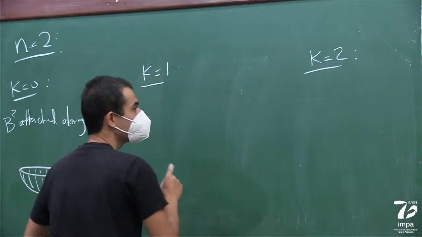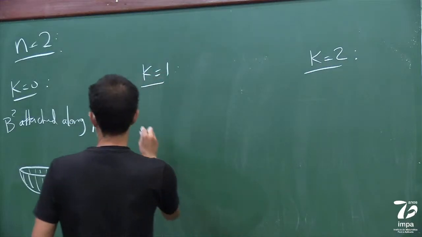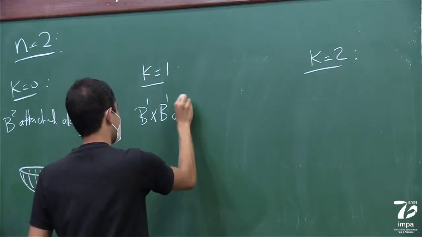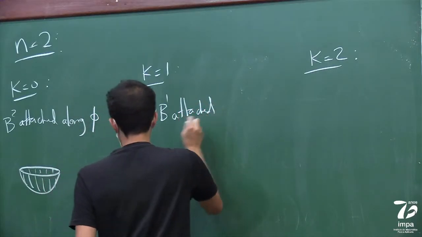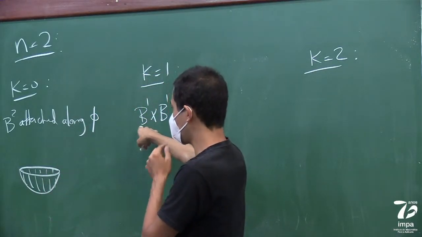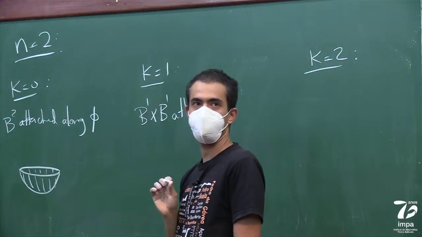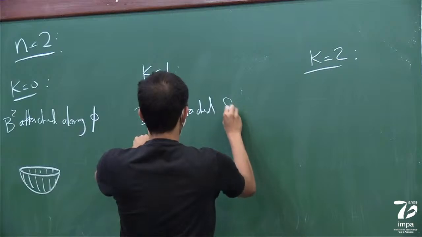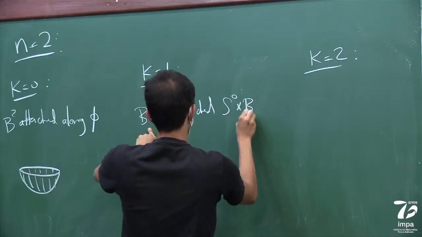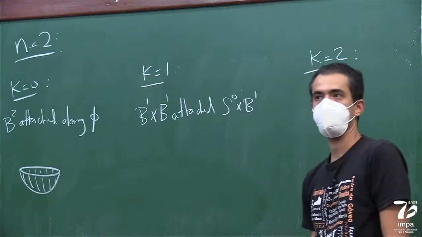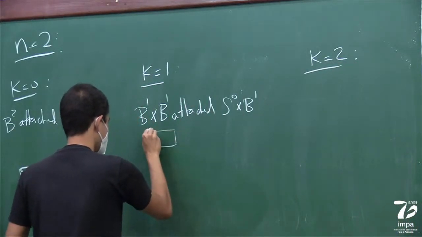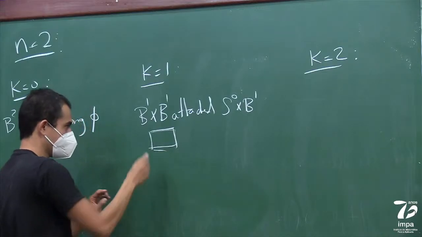Okay, so what about k equals 1? Well, k equals 1, I have a B1 times B1, and it's attached. Remember, you always attach it along the boundary of the first factor times the second factor. So it's attached along the boundary of B1, which is an S0, times a B1. So you think of your B1 times B1, and you attach it along this part here.